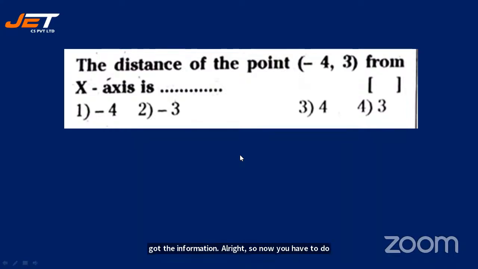The distance of the point minus 4, comma 3 from x-axis is dash. Yes, the answers are just coming. Let's see. It is 3. All right. Now, how many are giving me option 4? So many are giving me 3 only.